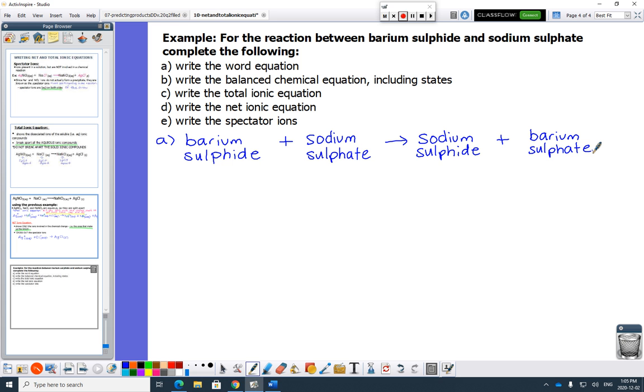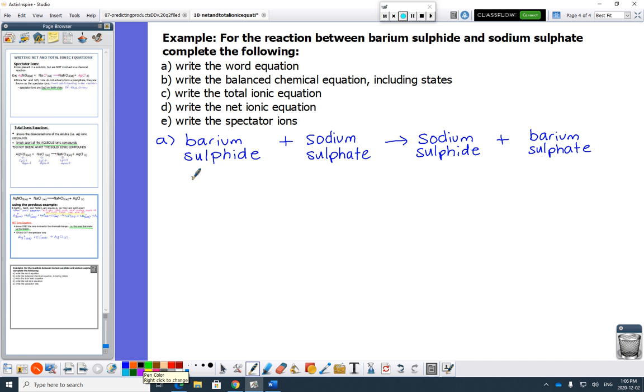And similar to this morning, you can decide for yourself now. I like the words. I'm going to use the words to figure out which one's the solid. It doesn't matter. So again, try to think about it logically. Does it make any sense for me to give you one that's going to be no reaction if I ask you to do the total, net and the spectator? No, right? I would never do that. So make sure that one of them is going to be a solid, okay? So similar, as we've been going along, you decide how much work you need to show.